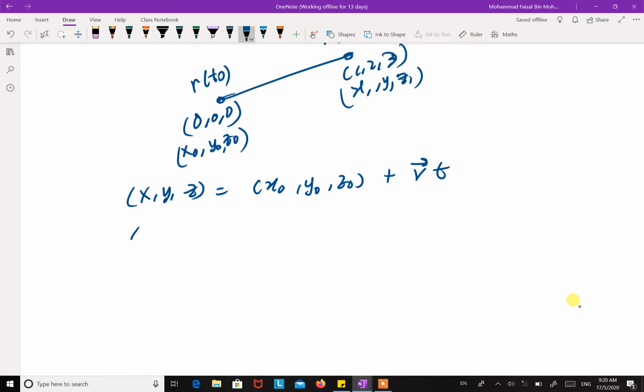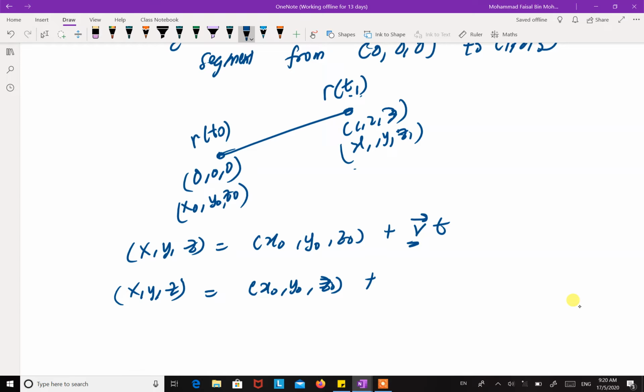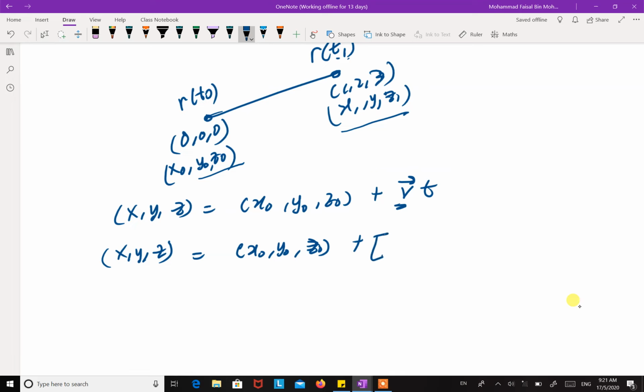Then I have x y z equals to x naught, y naught, z naught, and this v can be determined by subtracting r t1 with r t naught: x1, y1, z1 minus x naught, y naught, z naught.